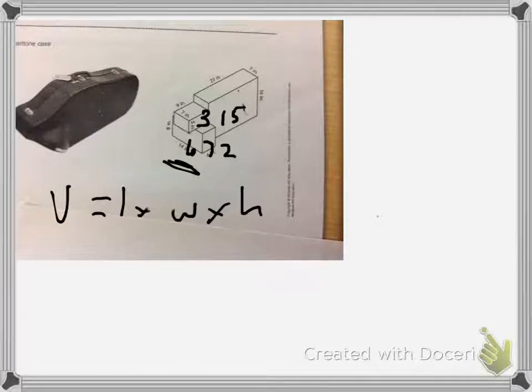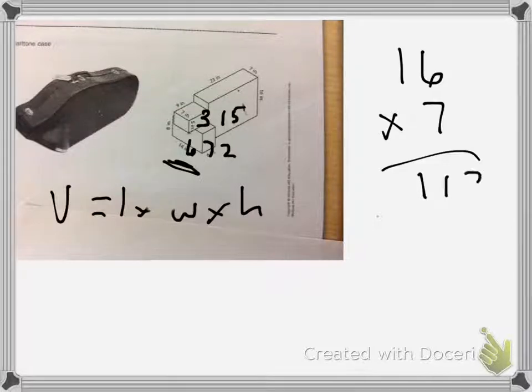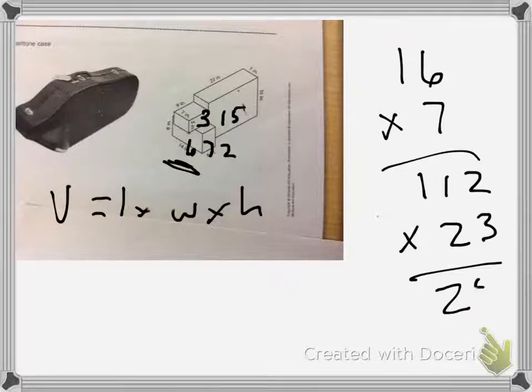Our numbers are 23 inches long, 7 inches wide, 16 inches tall. Let's do our small numbers first. 16 times 7 equals 112. Now we take 112 times our remaining number, which is 23. 112 times 23 equals 2,576.